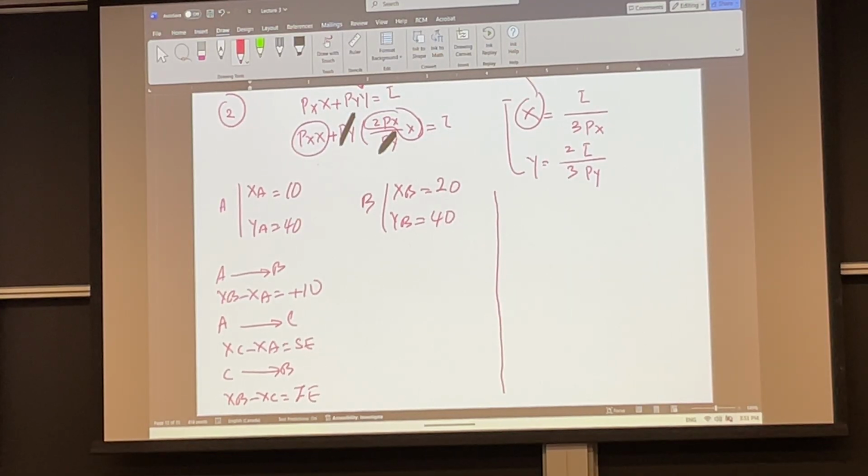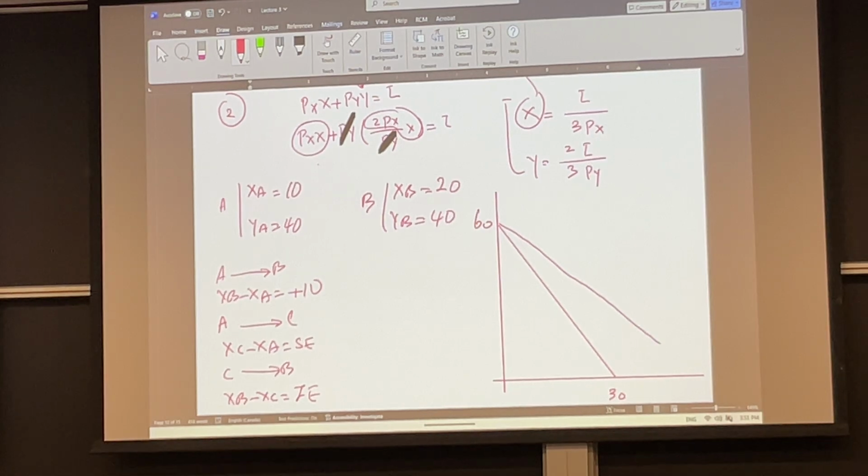Let's see what the graph says. That's the initial budget line. That's the terminal budget line. And the consumption happened there.